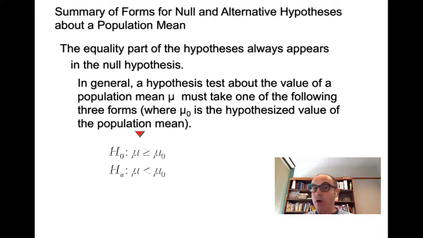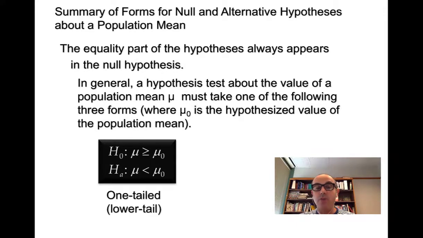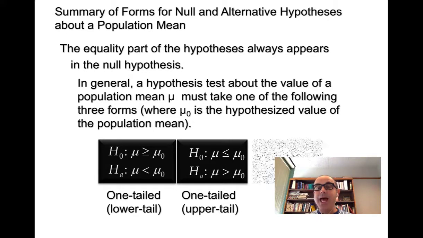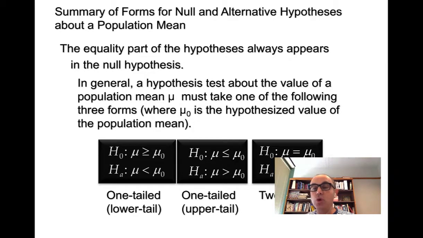So in general, the hypothesis test about the value of the population mean must take one of the following three forms. The first one is one tail, which is the lower tail. The second one is the upper tail, and the third one is two tail.